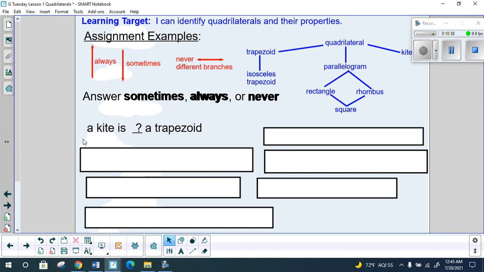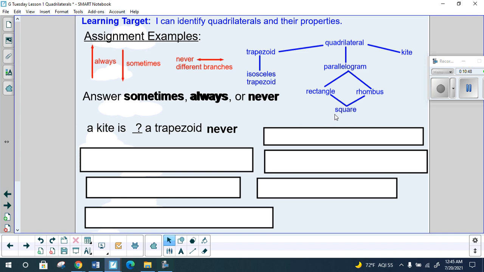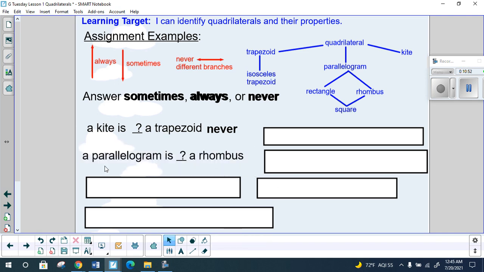A kite is sometimes, always, or never a trapezoid. What do you think? The answer is never. A parallelogram is sometimes, always, or never a rhombus.